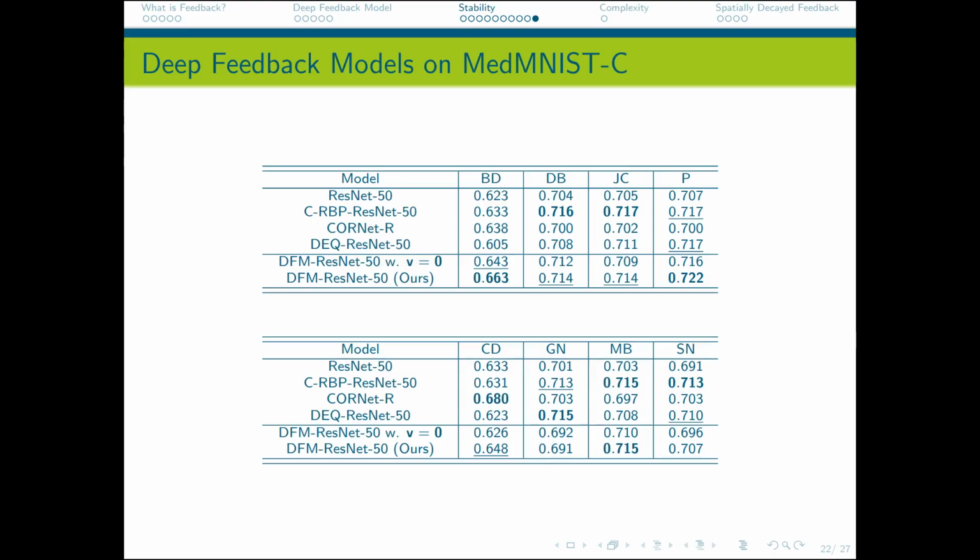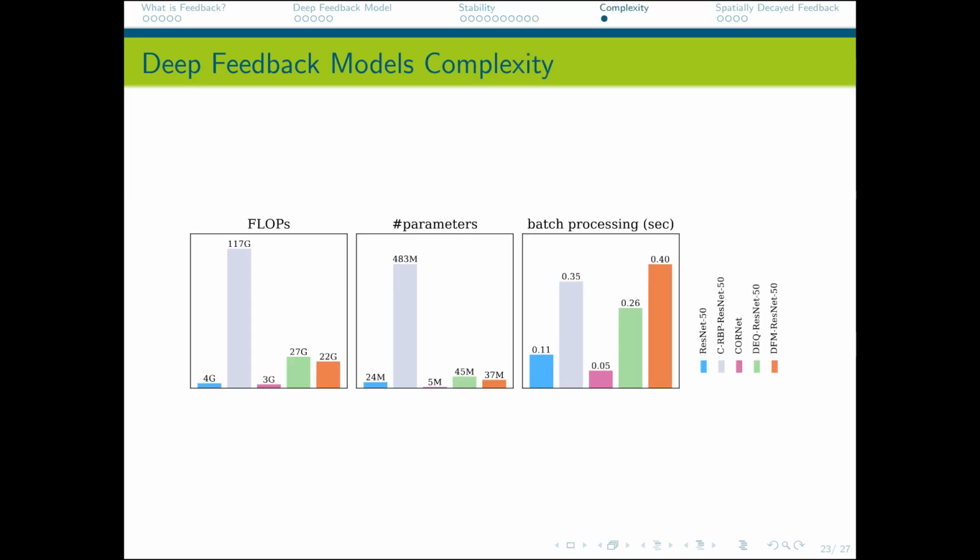So this is kind of an assurance that feedback is playing a role, and it's not just by chance that we are better. In terms of complexity, here we have the baselines that we just compared to.